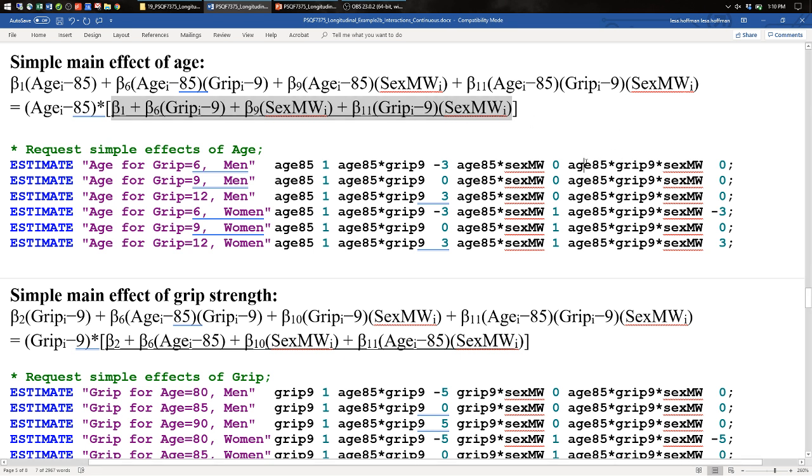Or more specifically, 1 is what we code age, -3 is grip, and 0 is gender, which knocks the whole thing to 0. So this line right here, that's my reference. That's the effective age that would be given by the model just as beta 1. It's the only line in which all of the other terms are zeroed out.